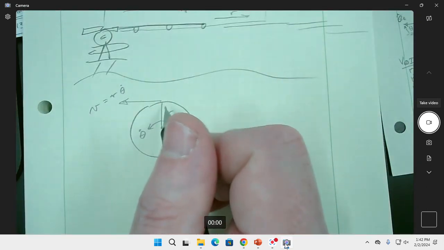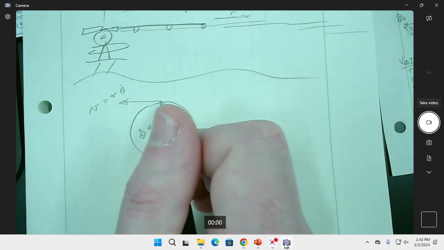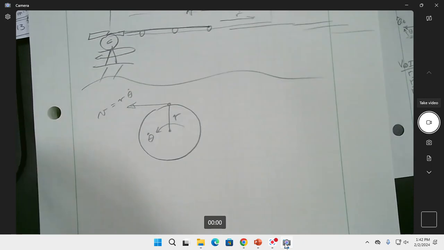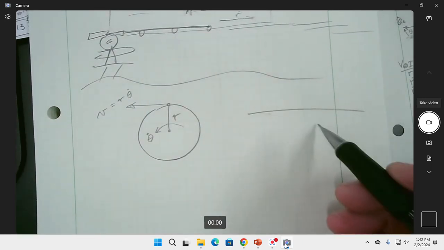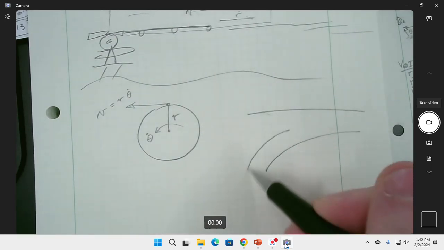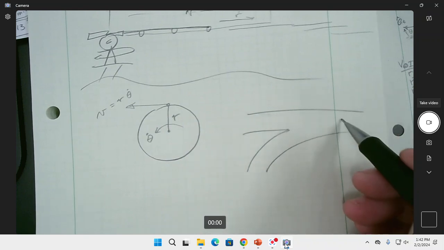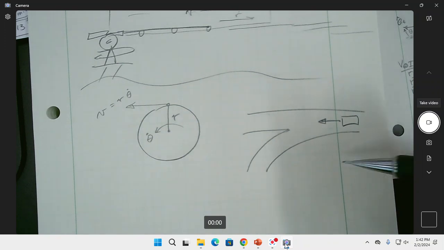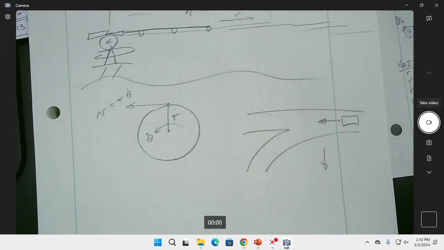Okay, so if this thing is rotating and it's going around, I described this, so it's a little departure here. If I am about to get on an off-ramp right here, and I am driving in that direction, what is my velocity component in that direction? 0, right?